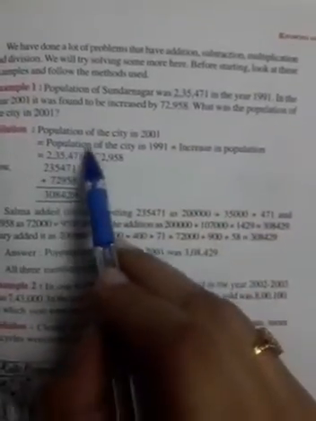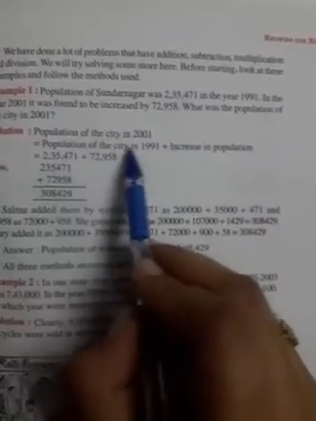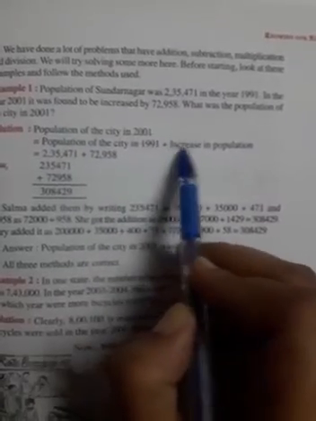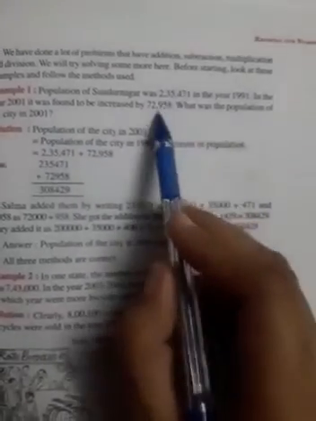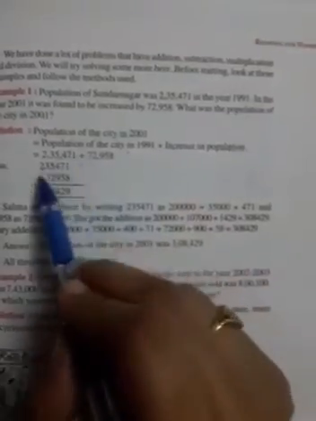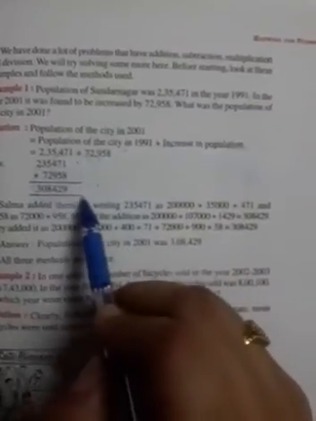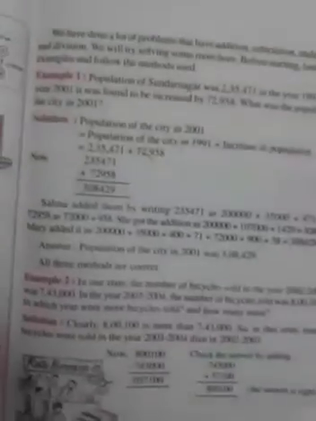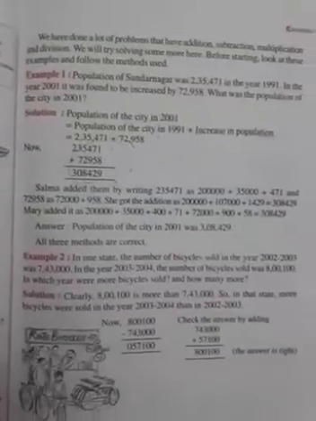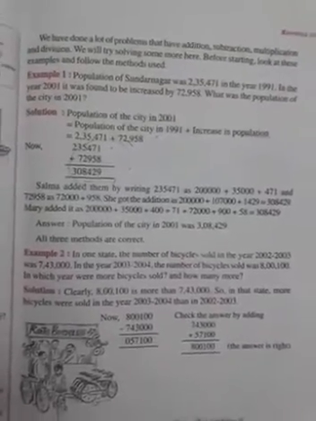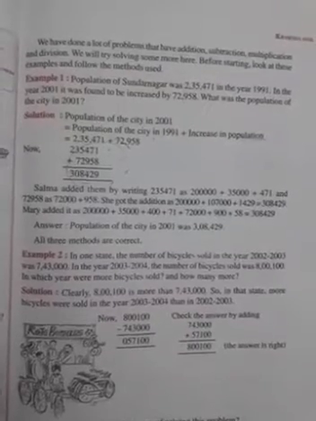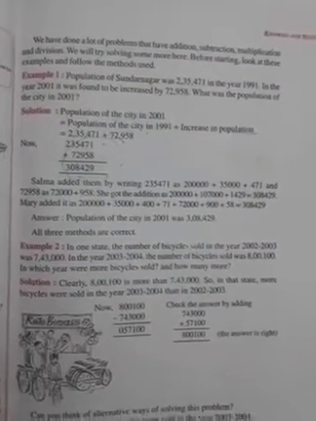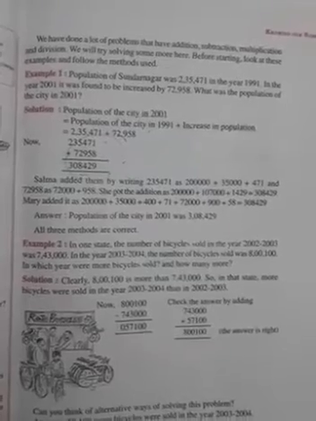So the population in 2001 is the population of the city in 1991 plus the increase in population. You add this to this, and you get this number. This is a large number. This is how large numbers come into practice, and we can tell the population after so many years by simply adding these numbers.